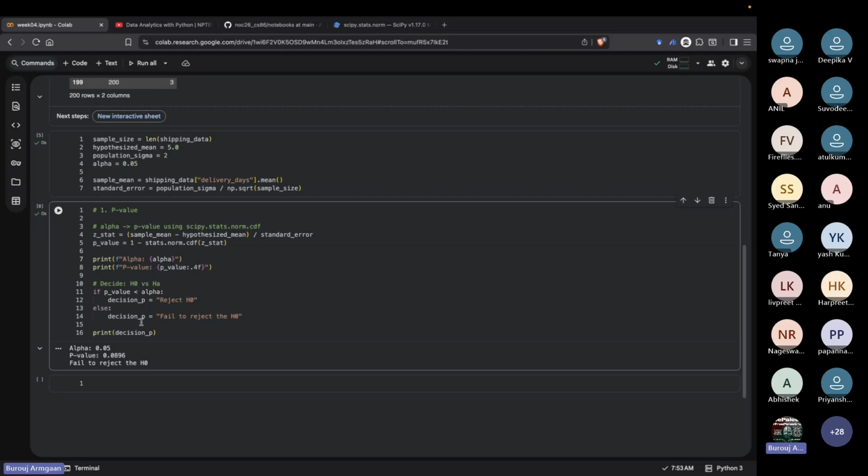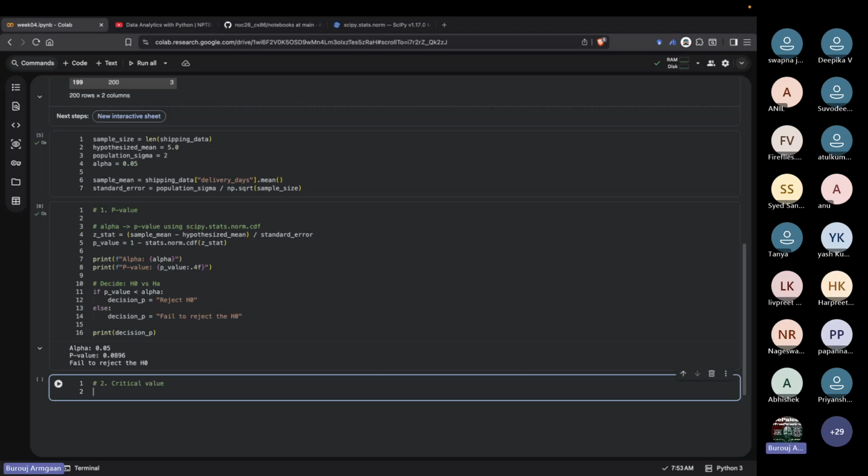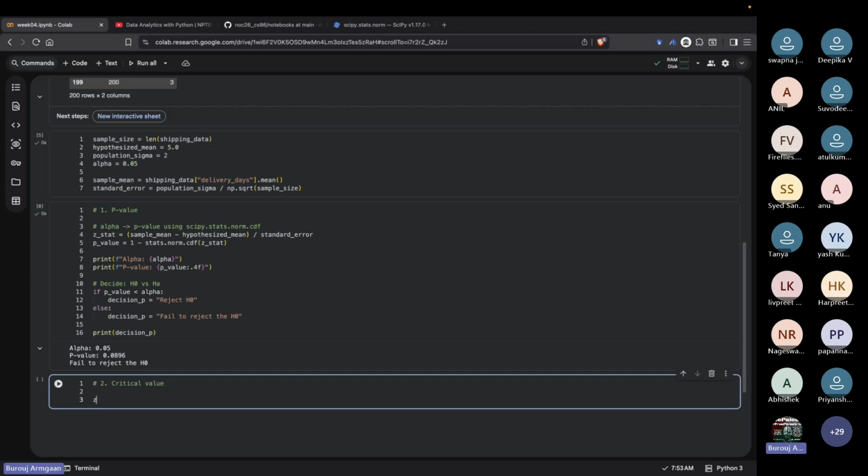Now, if we would like to do the same thing using the critical value approach, how would we do that? In that case, we would need the z critical. How do you get that? Again, we go to the standard normal distribution, and in this case, we have to do the reverse thing. We already have the alpha value, which is the probability under the curve for which I want the x-axis value.